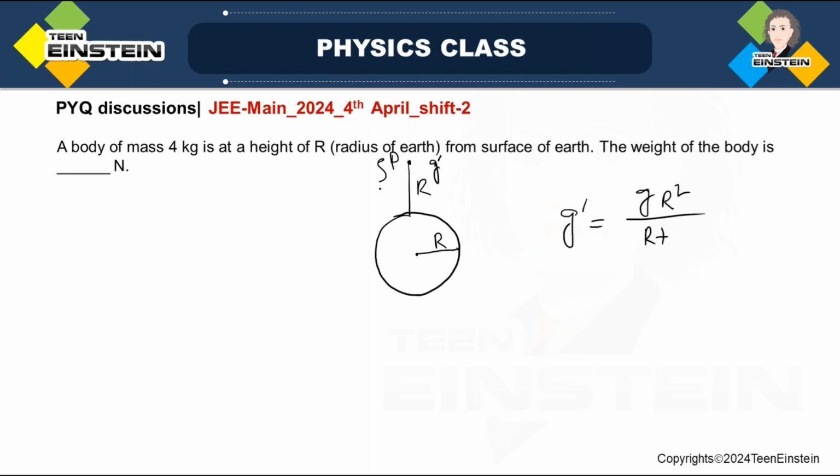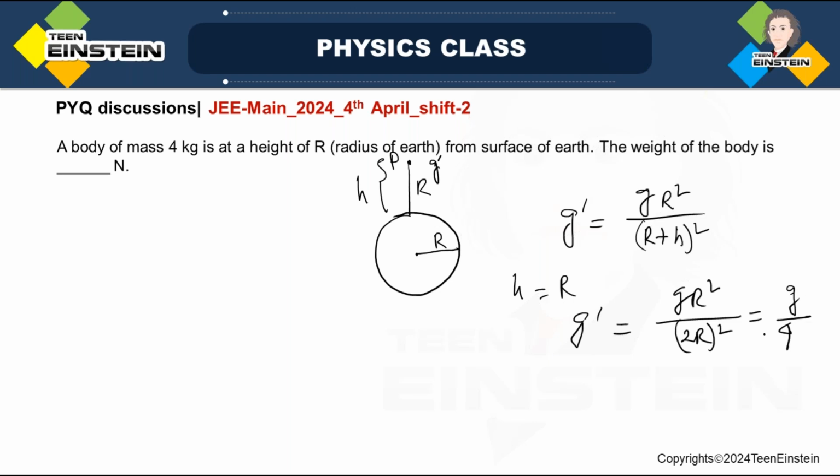If I say this height is small h, here this h is given as r. So what is g prime then? g R square divided by, R plus R is 2R, whole square, right? This will give you g by 4. g prime is g by 4.